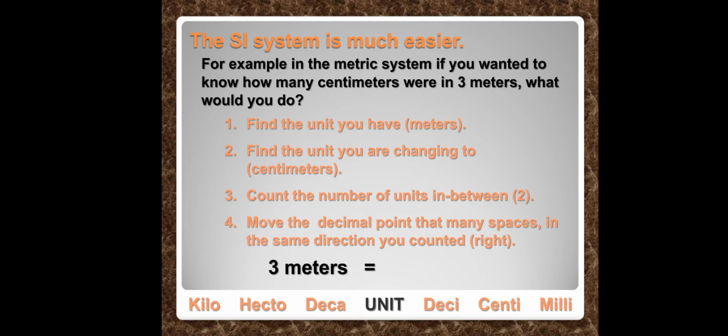Move the decimal point that many spaces in the same direction you counted, that is right. That is 300 centimeters. 3 meters is equal to 300 centimeters. Metric conversion: milli, centi, deci, unit, deca, hecto, kilo.